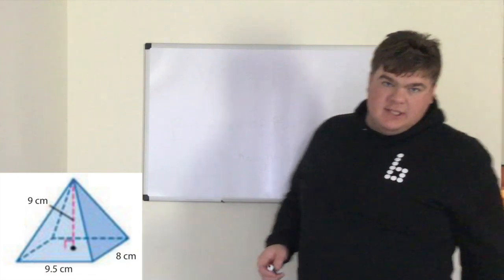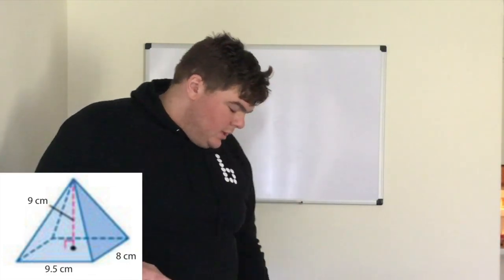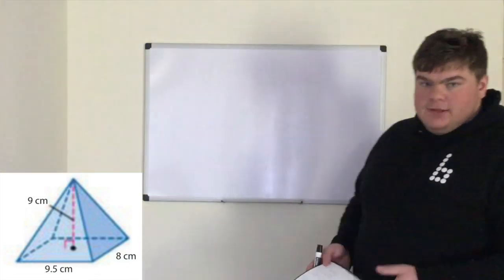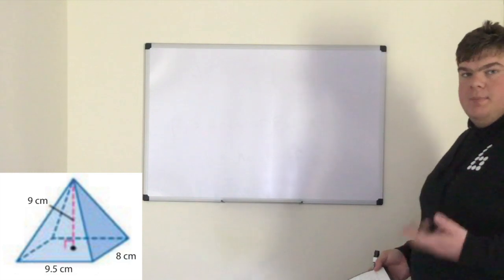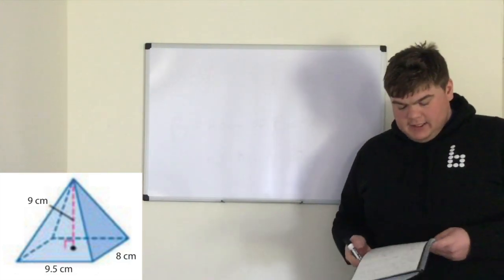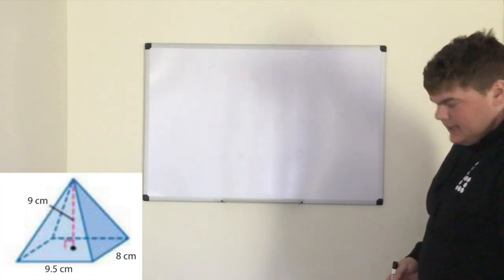So if we look at the first example, kind of in the bottom left corner there, you'll see a picture of it. We've got this pyramid which has a height, you can see with the dotted line as it meets the base at a 90-degree angle, of 9, and then it's got 2 base measurements of 8 and 9.5.